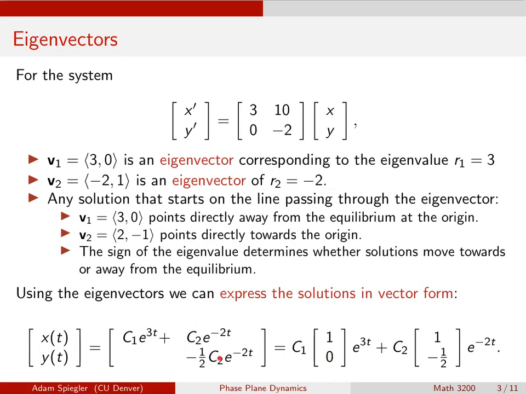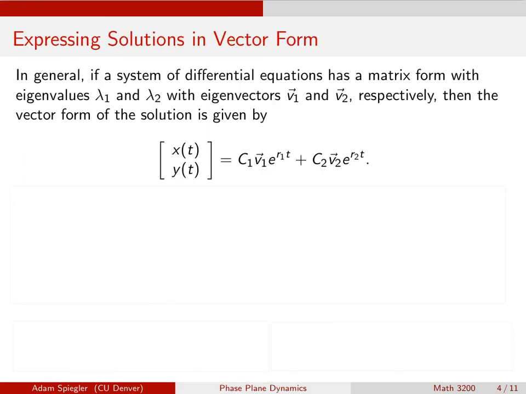Then I could arrange the terms that had e^(-2t) similarly, plus the constant c2 times the column vector (1, -1/2) times e^(-2t). On the next slide, I want to talk about this more generally: how we can find eigenvectors, and how we can take solutions and write them in vector form.